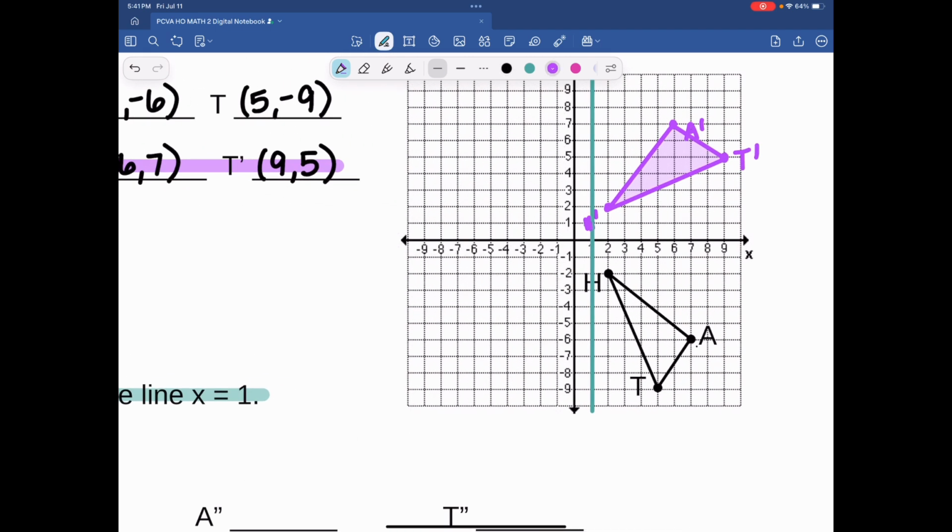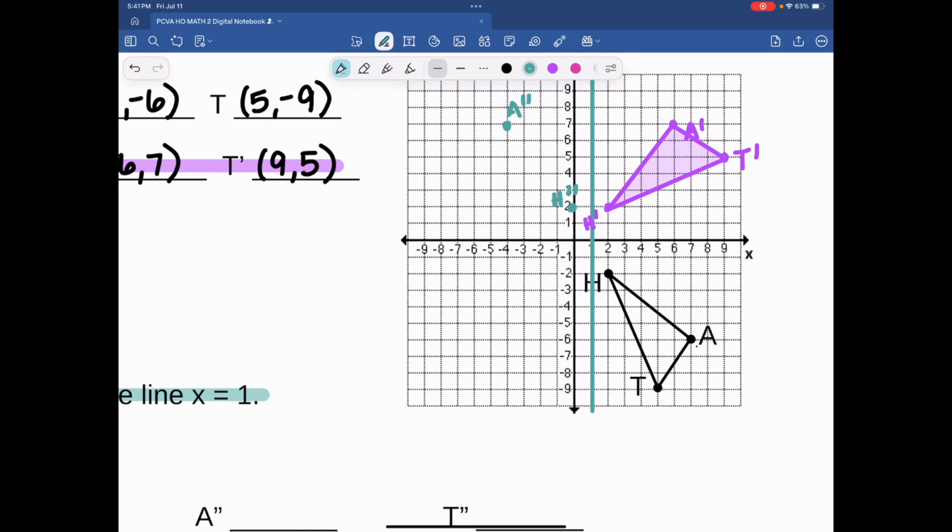So if we look at our first one, we're going to do this in green this time. My H is 1 unit from the line, so this is going to be labeled as H double prime. Then our A is 1, 2, 3, 4, 5 units, so we're going to go on the other side 1, 2, 3, 4, 5 units, so that's going to be A double prime.